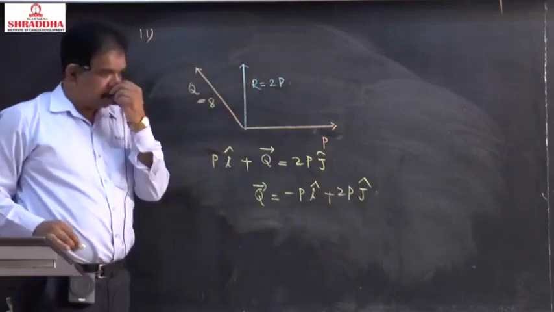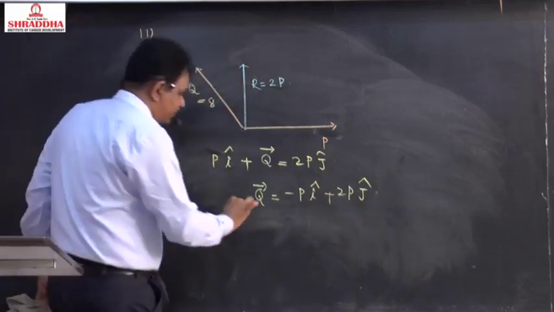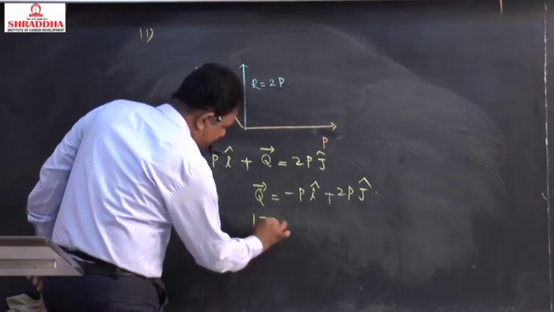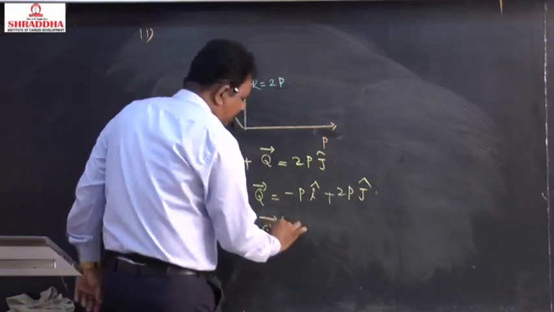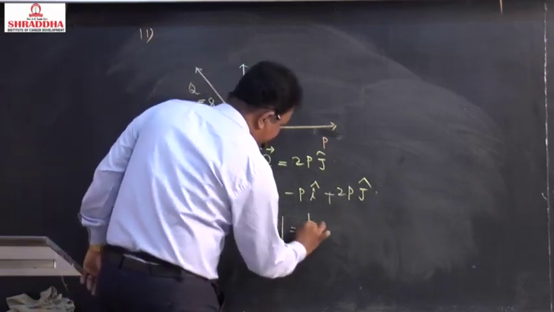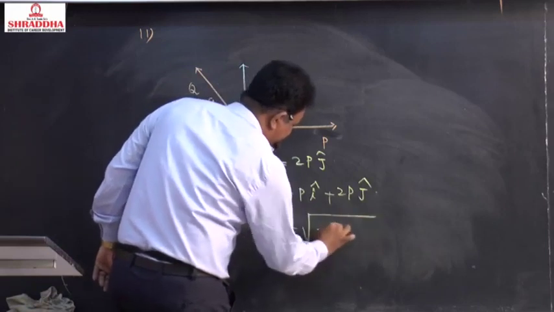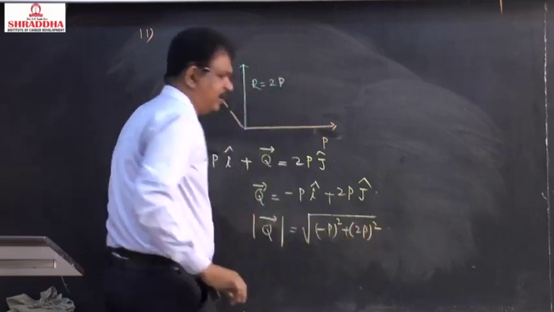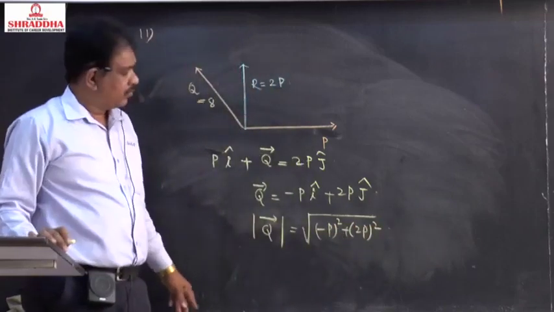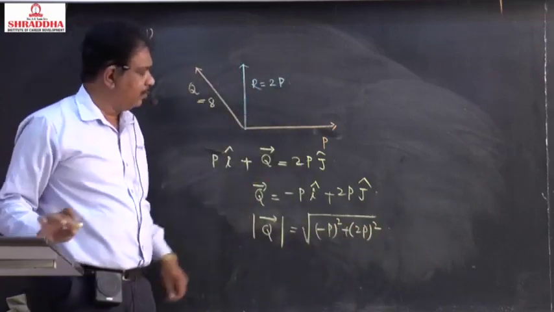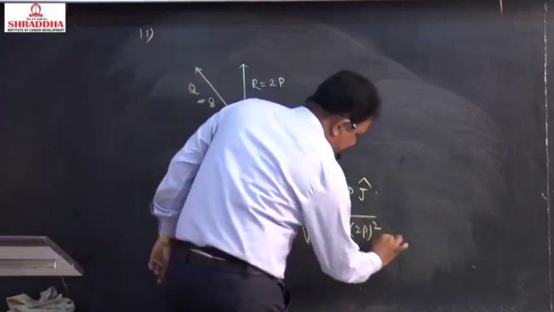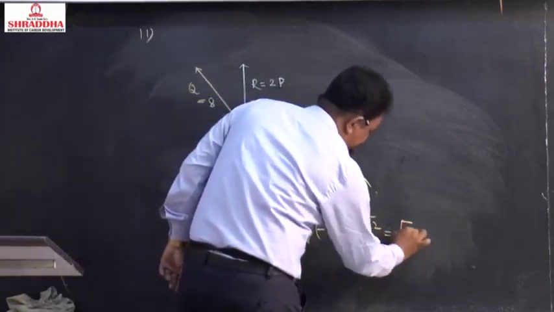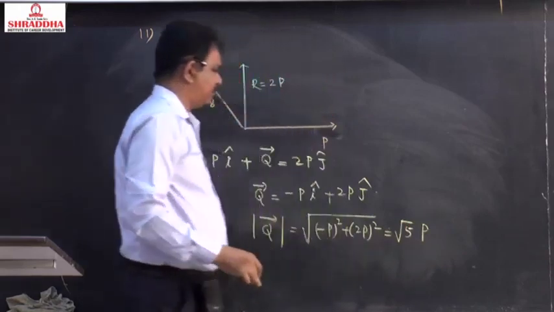We'll get this one. Then find its magnitude. Magnitude of q bar is equal to the square root of minus p whole square plus 2p whole square. So totally root 5p square. This value is root 5 p.